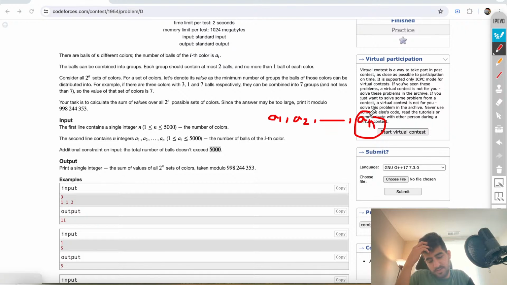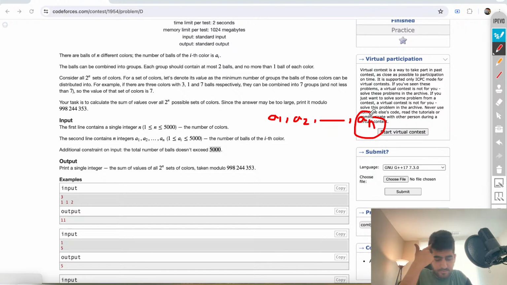You see what I'm talking about? I'm sorting it because when I add another color, I'll be sure that the maximum is this one and not the previous one. And this way I don't need to store the maximum, right?